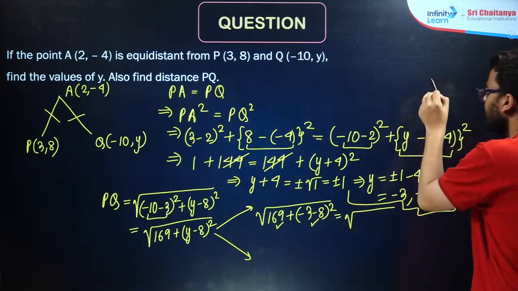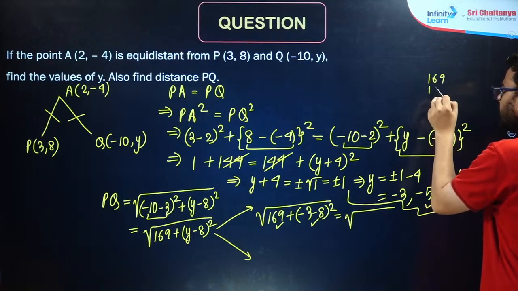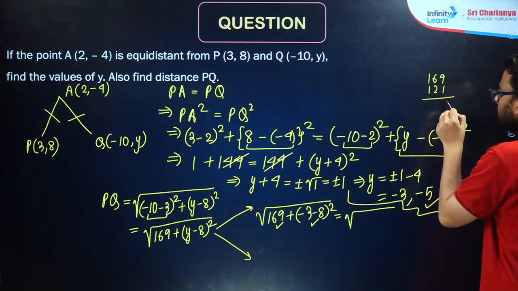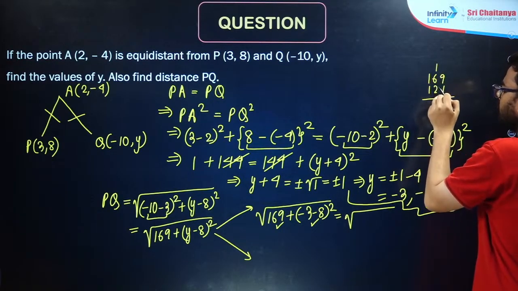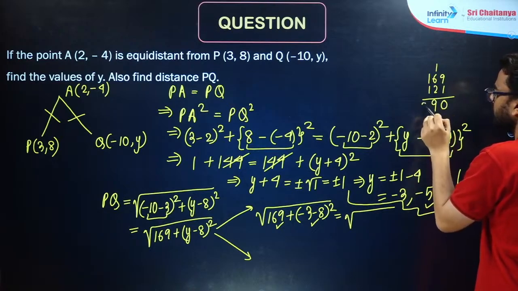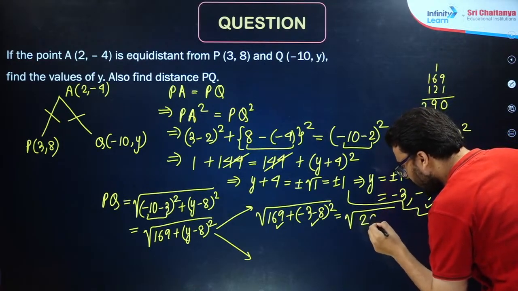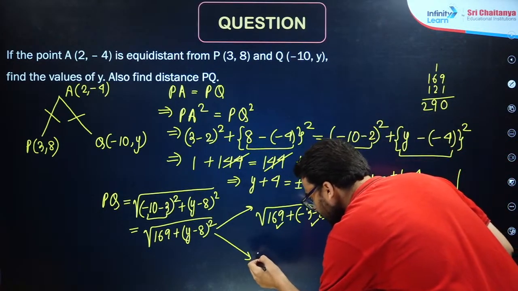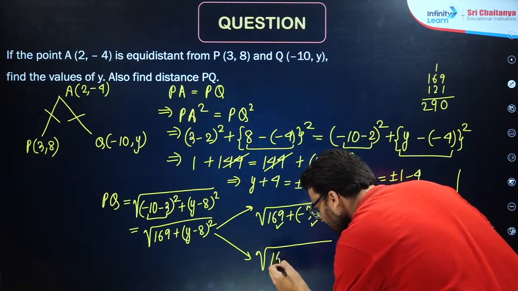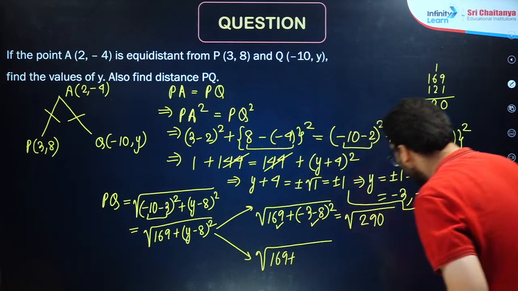So 169 plus 121 is 290. Square root of 290.